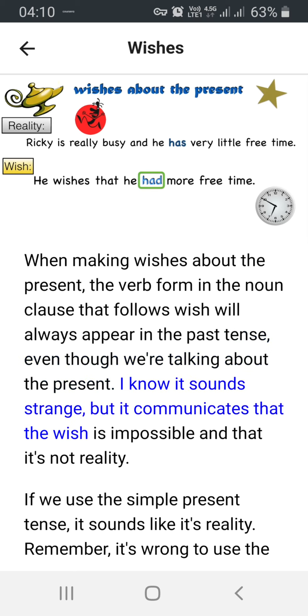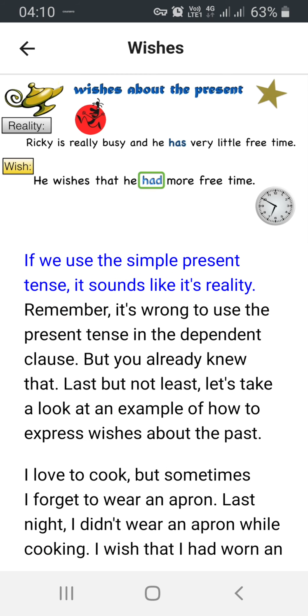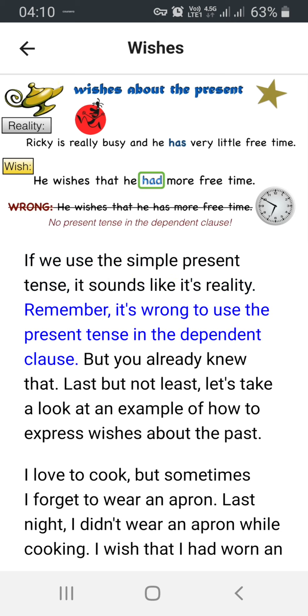I know it sounds strange, but it communicates that the wish is impossible and that it's not reality. If we use the simple present tense, it sounds like it's reality. Remember, it's wrong to use the present tense in the dependent clause. But you already knew that.